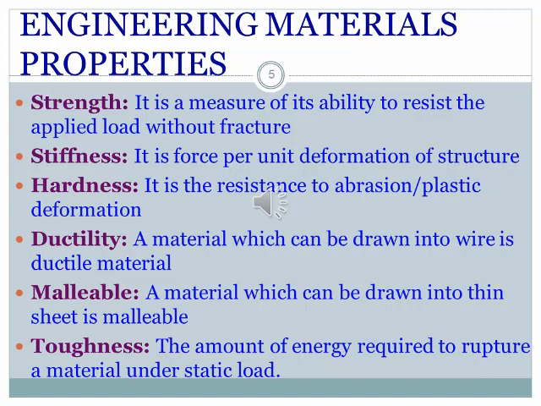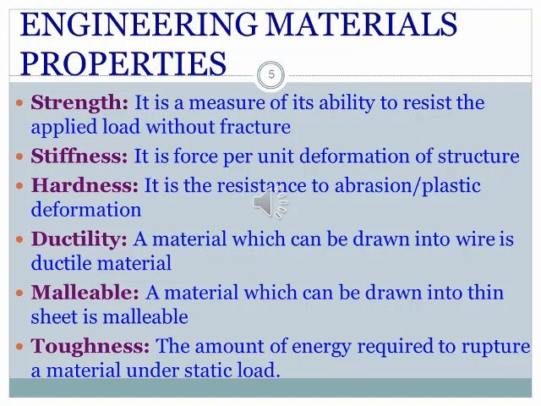Next is ductility. Ductility is the material property that is considered the ability to draw the material into wires. If a material can be drawn into wires with much ease, then it is considered a more ductile material. Next is malleability. A material that can be drawn into thin sheets is considered malleable.